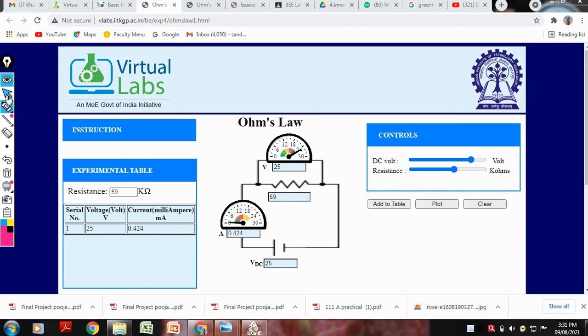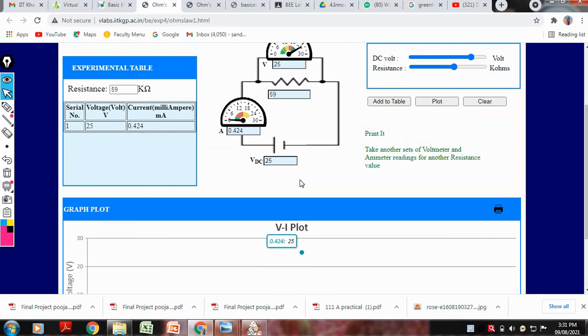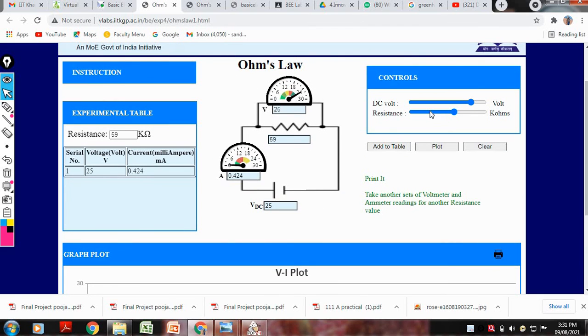Now we have to plot the graph. First the graph is obtained, then we vary the voltage, and we obtain 27 volts. At 27 volts the current increases to 0.458, then add to the table. We increased the voltage to 27 volts and obtained 0.458, then plot.